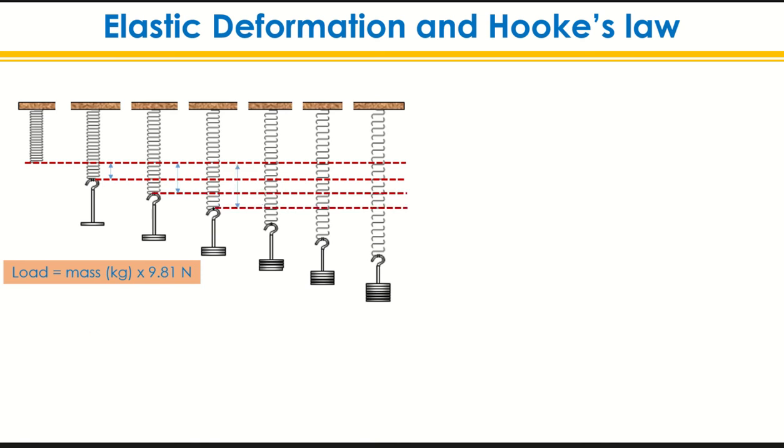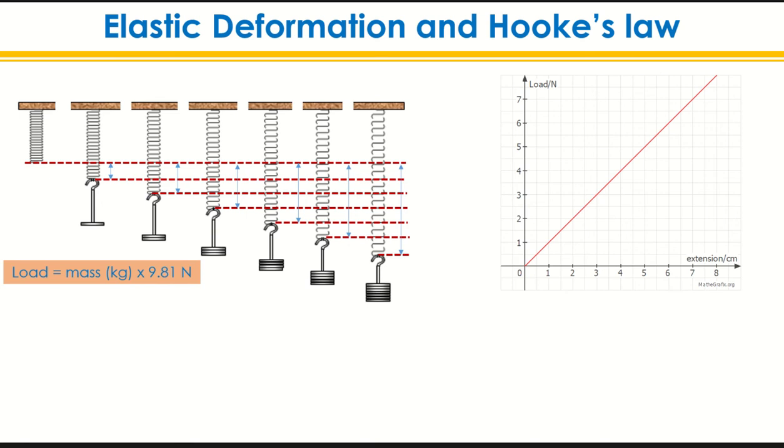You can see the extension produced with every load is calculated by subtracting the unloaded length from the current length. So we get data between the load and the extension. We are increasing the load, which produces the extension, and if we plot this data on a graph of load and extension, we may get a straight line.